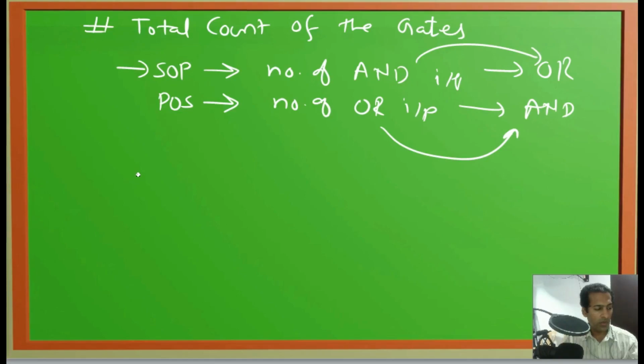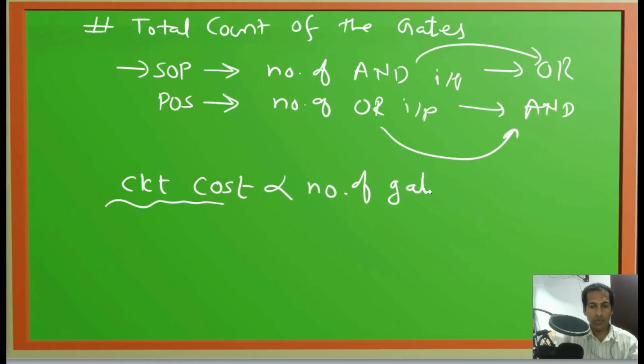Why do we need the count? Because the cost of implementing a circuit is almost proportional to the number of gate inputs required. So the gate count is an important parameter which we have to consider.